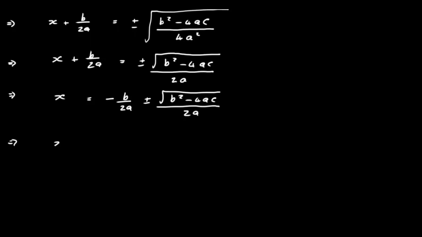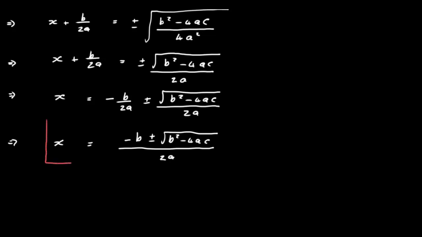And then our final line is just going to be adding these two fractions on the right-hand side. So we have 2a as our common denominator. That'll give me minus b here, plus or minus the square root of b squared minus 4ac here. And that's it really. That's our quadratic formula derived.